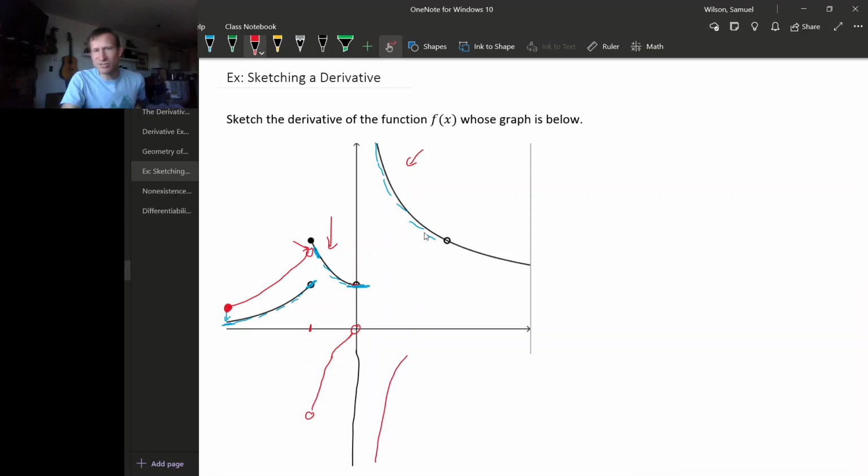But these tangent lines aren't ever becoming horizontal, so their slope isn't becoming 0. Although the slope is getting smaller, it doesn't actually get to 0. Now there's a hole in the graph here, so we should leave a hole there. Okay, so there's a sketch of the derivative of this function.